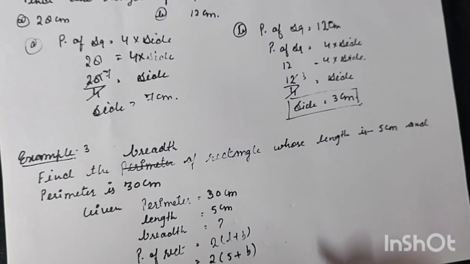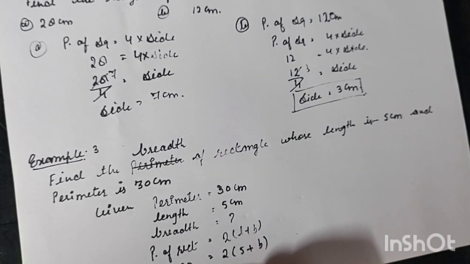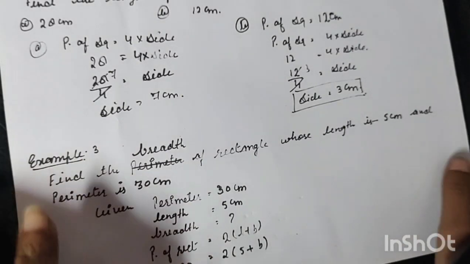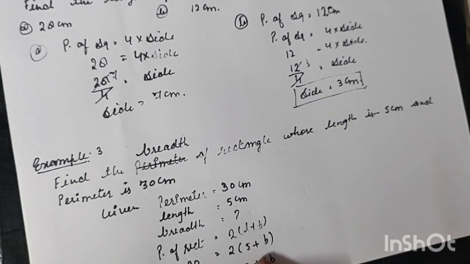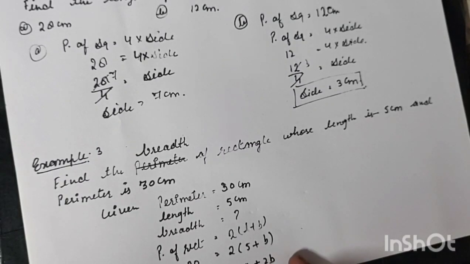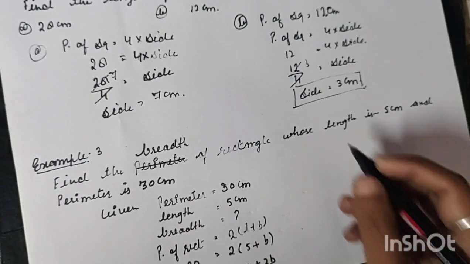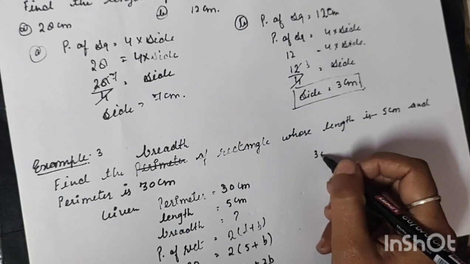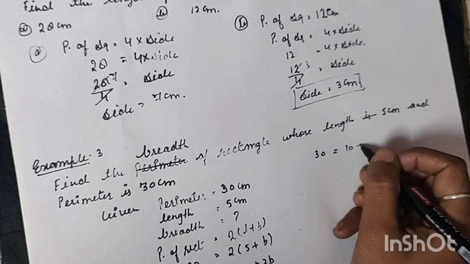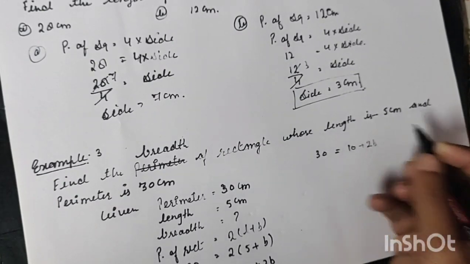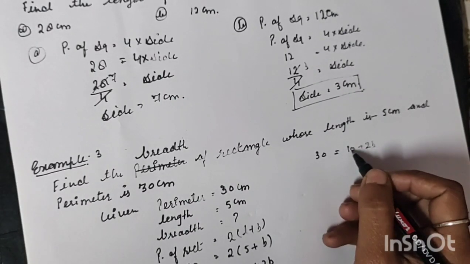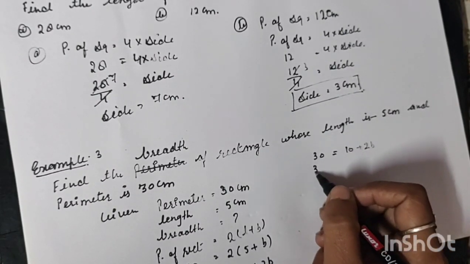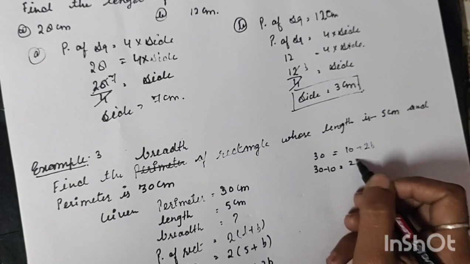30 is equal to 2 into 5 plus 2 into B. 30 is equal to 2 fives are 10 plus 2B. So here 30 is equal to 10 plus 2B. Now we have to find the value of B. So this 10 will become minus because it is plus over here. So 30 minus 10 is equal to 2B.